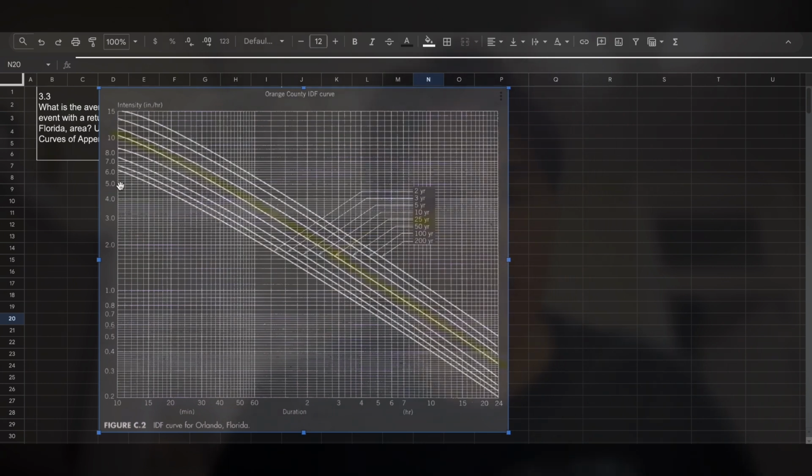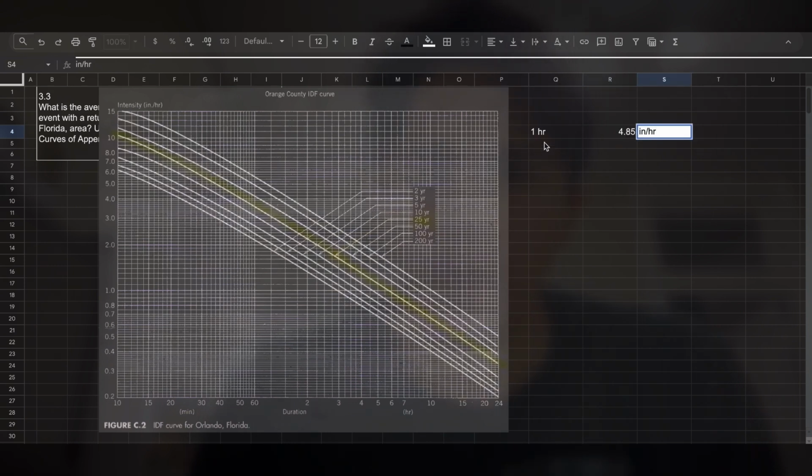If you look more closely, you will notice that it's a little below 5, so I would say it's about 4.9 or 4.85. That will be the intensity of a 1 hour storm in a 100-year return period. So the answer for that part will be about 4.85 inches per hour.